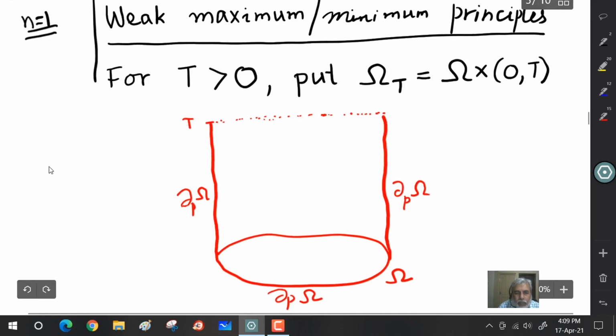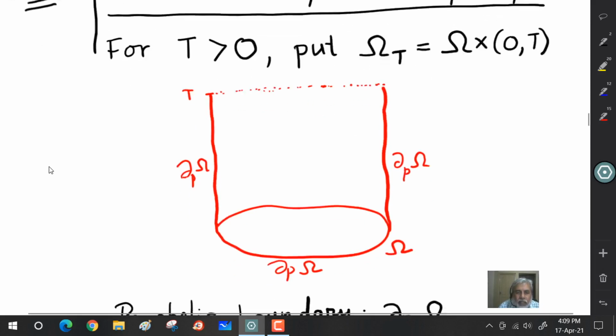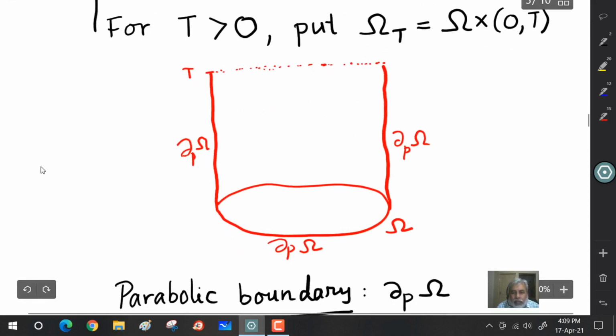There is absolutely no difference. Again omega is a bounded domain with smooth boundary, and we take some fixed t positive and consider this cylinder. Okay, so this is the cylinder.